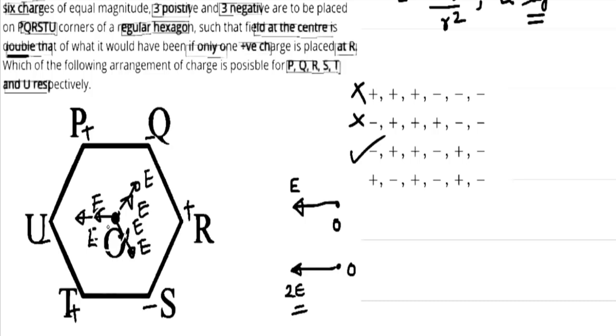Now in this case we can see that this is also not equal to 2E, so we can say that option D is also the wrong answer. So only option C is correct for this problem. Thank you.